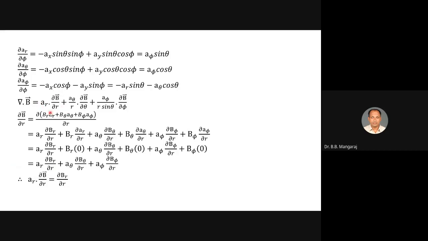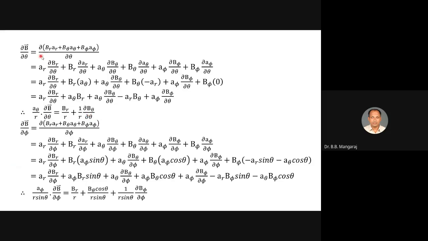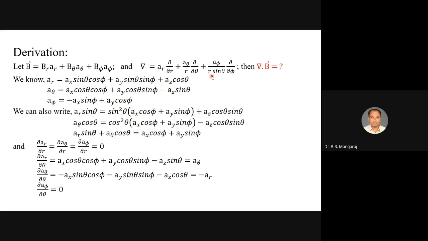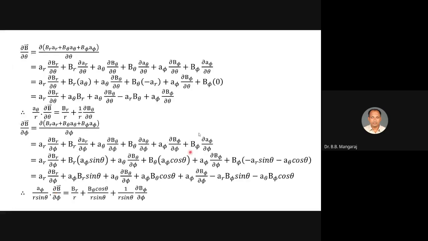For second dot product, let us find out del v by del theta. Similarly, for these two parameters, we have a r del b r by del theta plus b r del a r by del theta. And for this also, we have two terms. Now del a r by del theta is a theta, and del a theta by del theta is minus a r, and del a phi by del theta is 0. There we have seen here. So what happens? One term is 0 and the rest 5 terms are there.